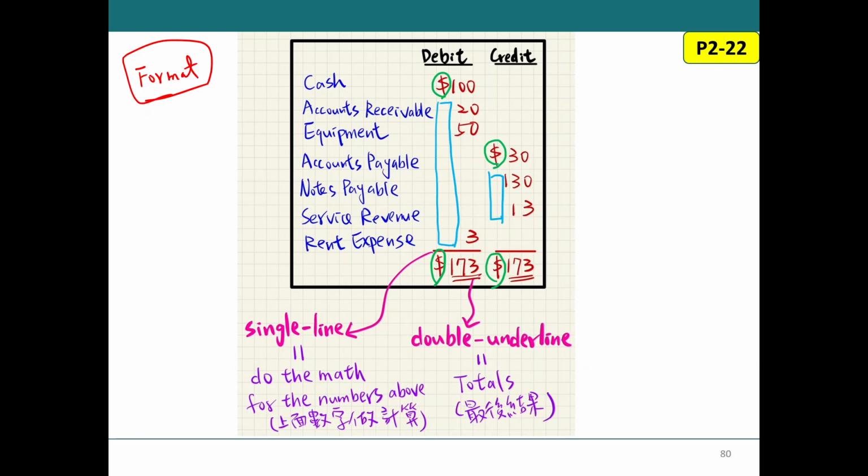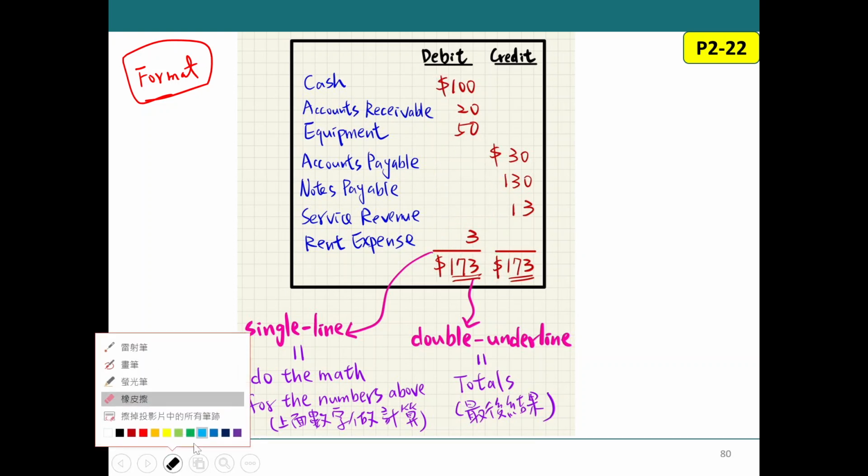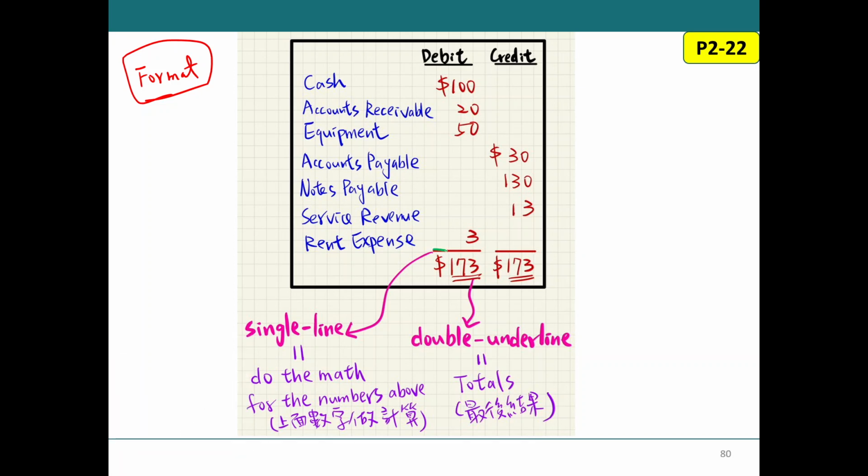Okay, another thing is usually we will use a single line. Did you find the single line? Here is the single line. When we draw a single line, what does it mean? It means we will do some math above the single line.